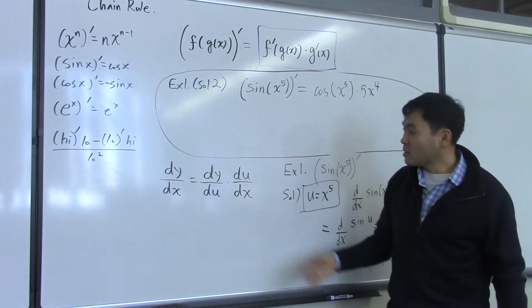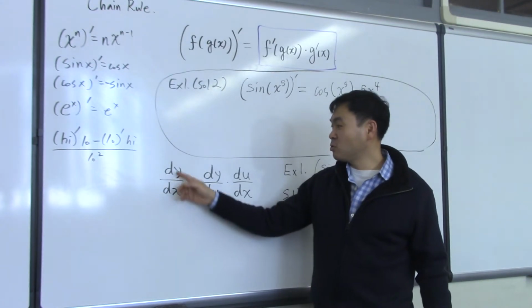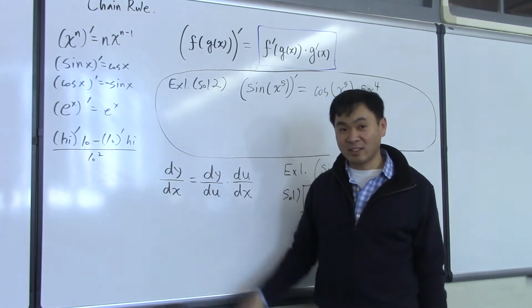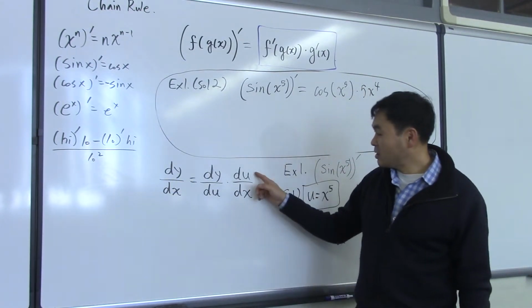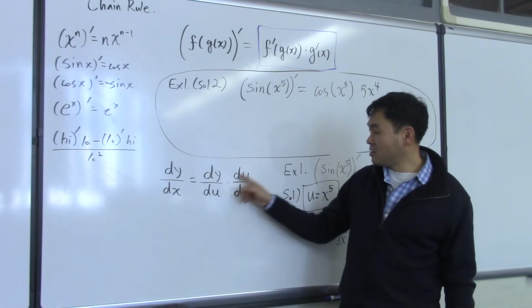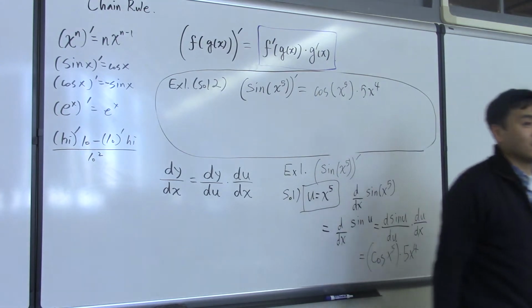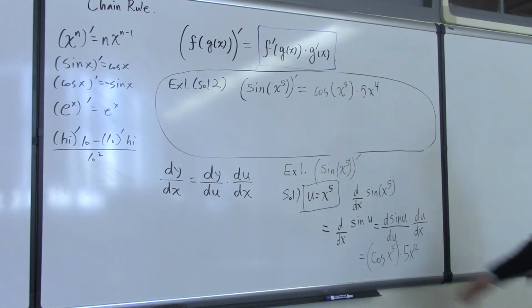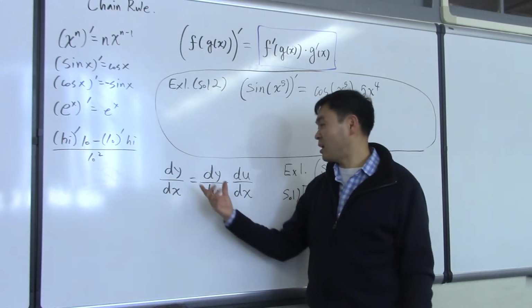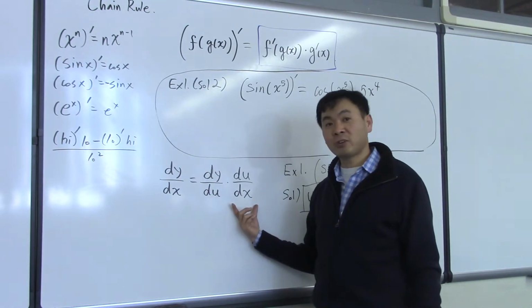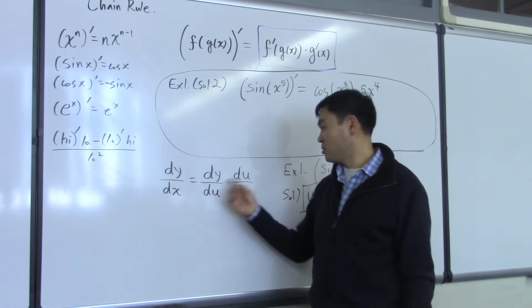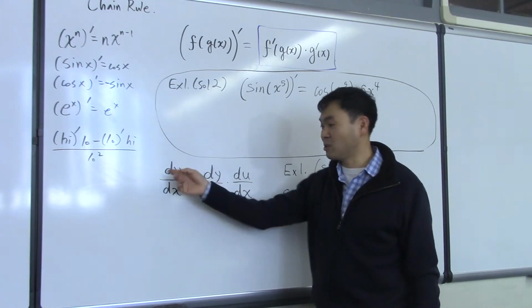Just think of this as just two quantities divided, okay? Then you can see easily that du can cancel, and you get dy dx, right? So simply looking at these as multiplication of two fractions immediately allows you to view this as, oh, just cancel, and you get that.